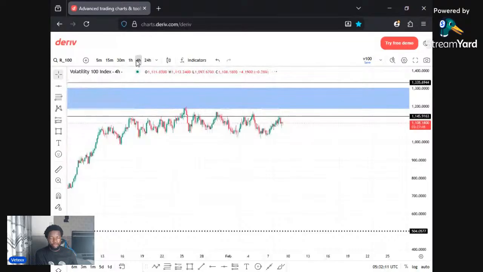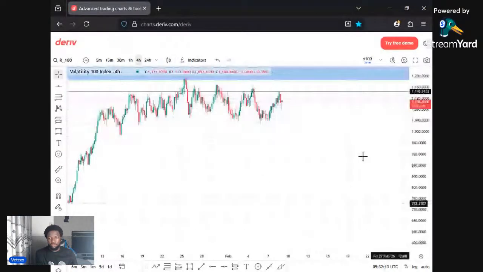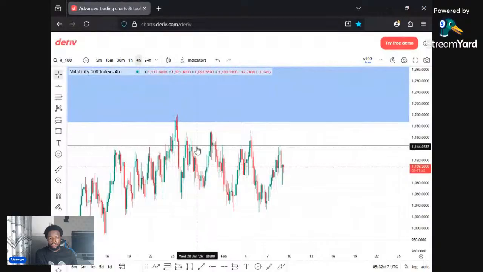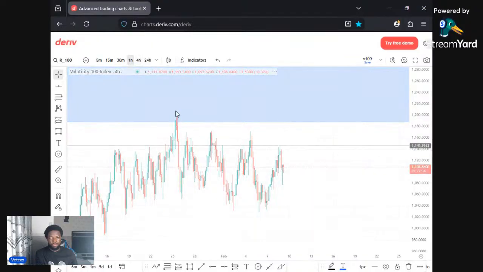Right now, we'll go to the 4-hour time frame to find our continuation. In the 4-hour time frame, we don't have anything yet. So we'll go to the 1-hour time frame.